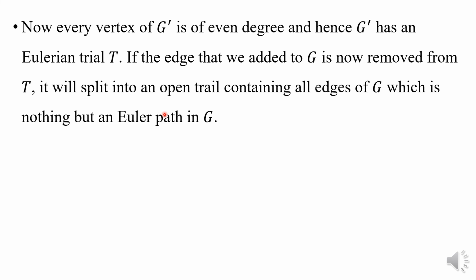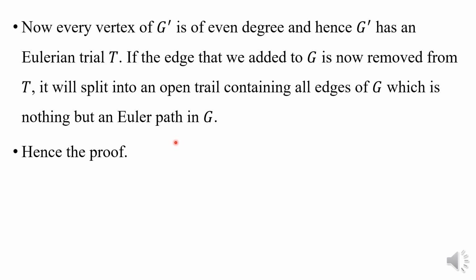We saw the example already: for the Hamiltonian and Euler cycle, if all are closed and you remove one edge, obviously it becomes open. So it will become an open trail containing all edges of G, which is nothing but the Euler path. Closed means Euler trail, open means Euler path. So obviously we get an Euler path. This is nothing but the proof of our theorem.